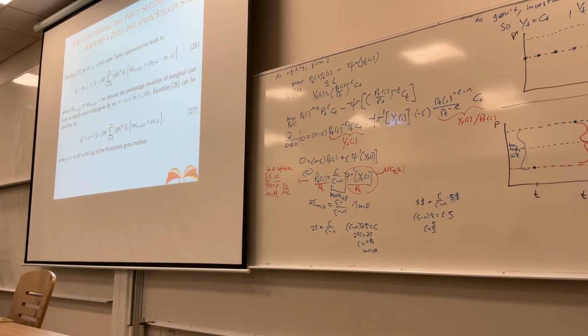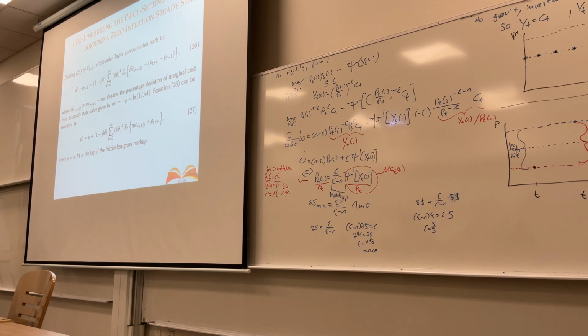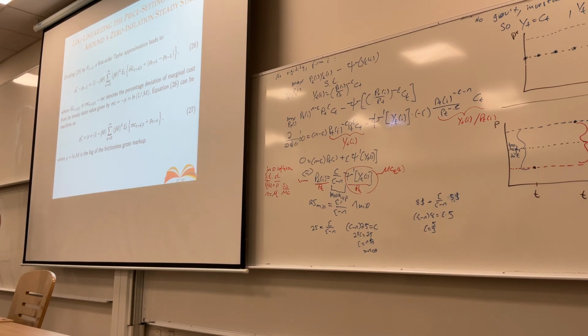All right. We can write this in a Taylor approximation as equation 26. And we have the optimal log price adjustment is equal to a weighted average of all current and future nominal marginal cost.